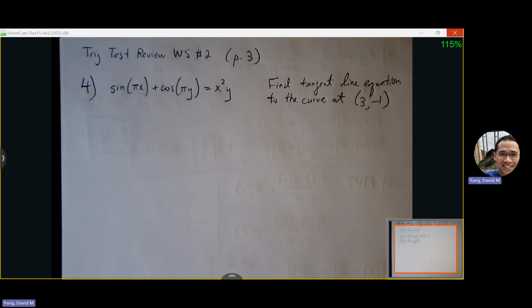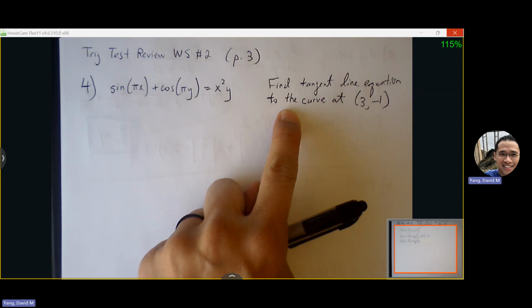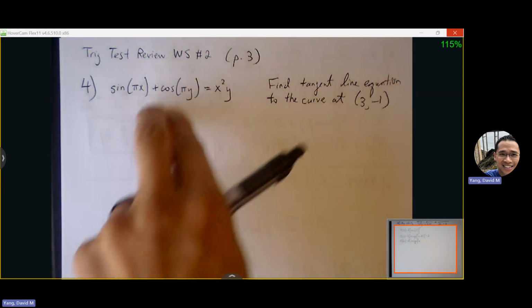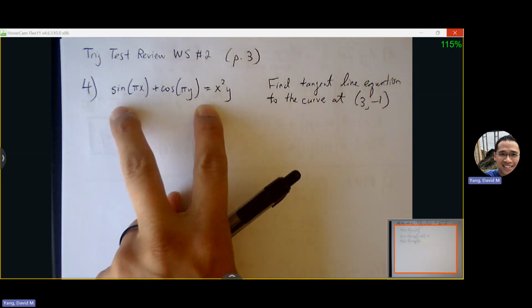Find the equation of the tangent line to the curve at 3, -1. So we have to find the derivative, and in the derivative, we can plug in our ordered pair to get the slope, and then point slope.